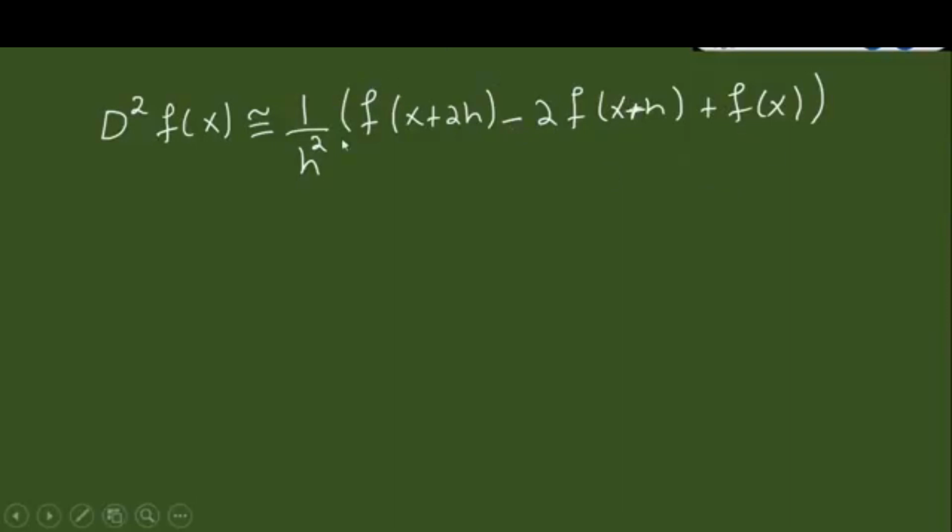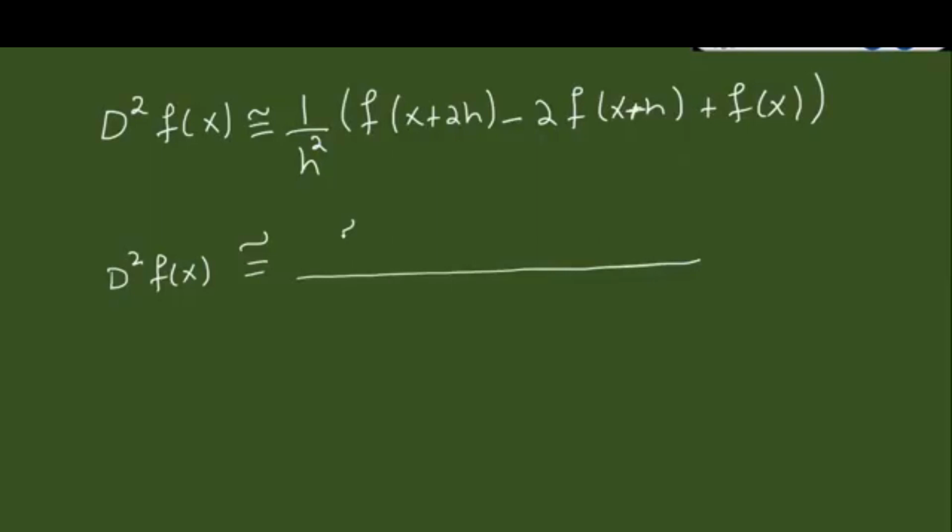So this will be your forward second order, or in a short form we can write it down like that as well. D f of x is equal to f of x plus 2h minus 2 times f of x plus h plus f of x, divided by h square.